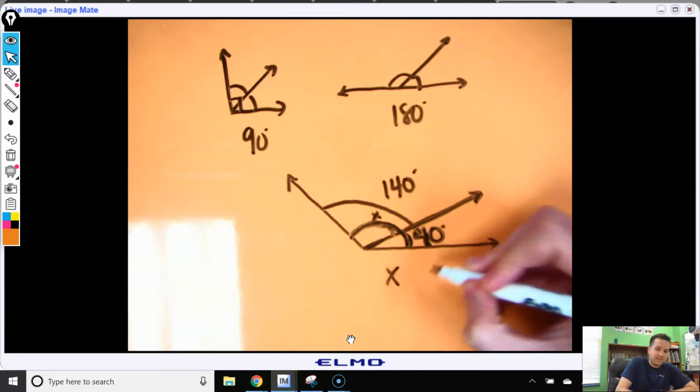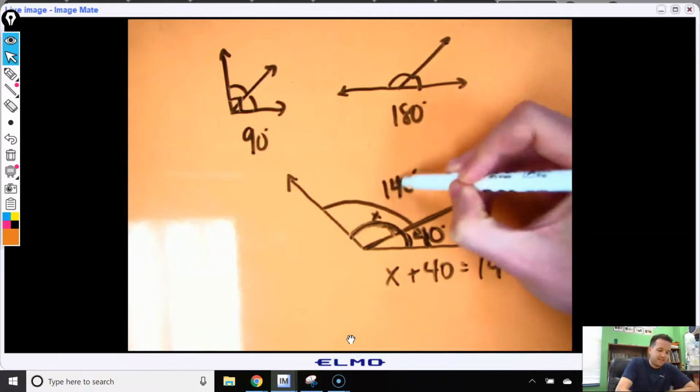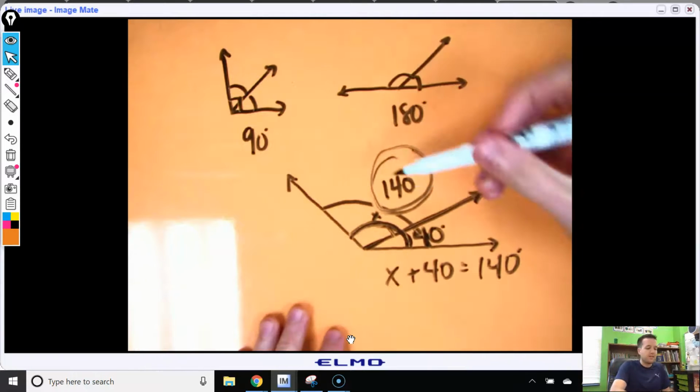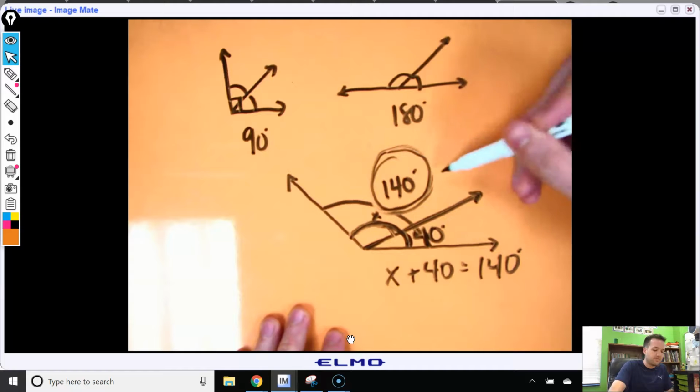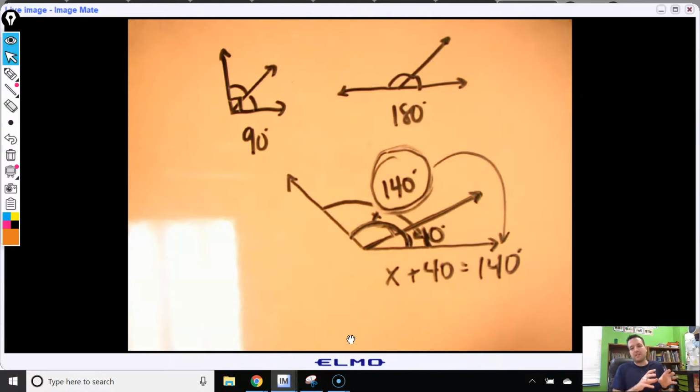So angle X plus 40 equals 140 degrees. That's the sum. The sum is the entire angle itself. The addends are the decomposed, smaller angles that add together to give you the larger angle. So always the entire angle will be the sum. The pieces or the parts that have been decomposed are the addends. So like X plus 40 equals 140.